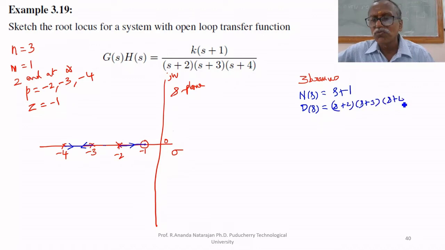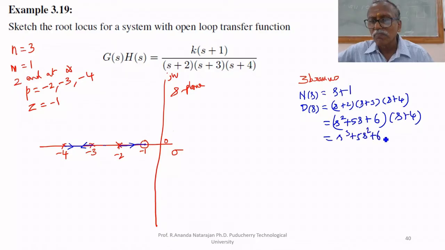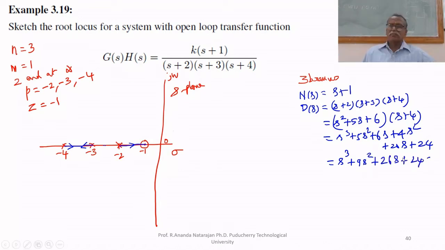That is s square plus 5s plus 6 multiplied by s plus 4, which is s cube plus 5s square plus 6s plus 4s square plus 20s plus 24. That is equal to s cube plus 9s square plus 26s plus 24. That is the denominator.